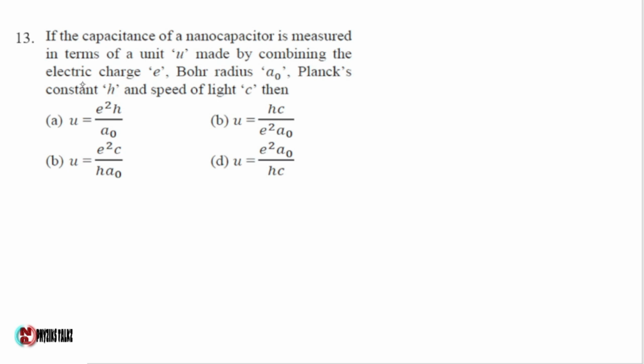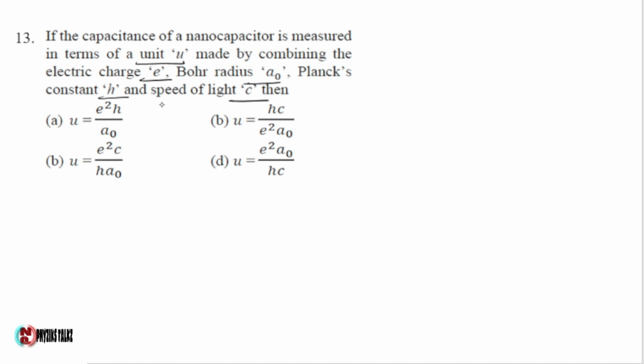If the capacitance of a nanocapacitor, measured in unit U, is made by combining the electric charge e, Bohr radius a0, Planck's constant h and velocity of light c, then which is the correct one?